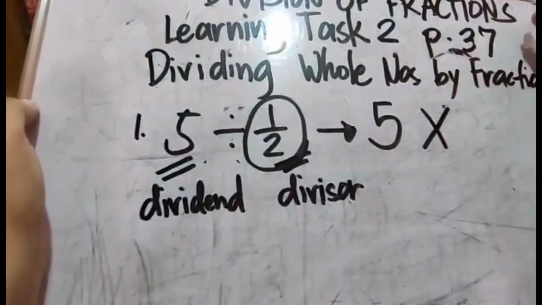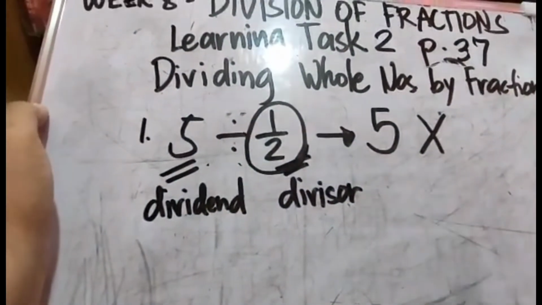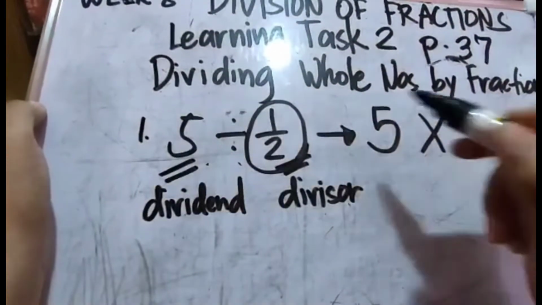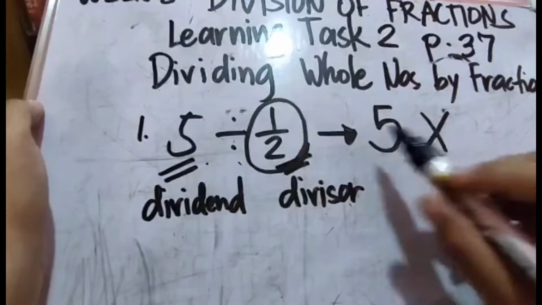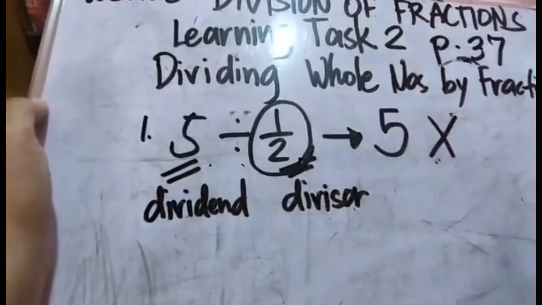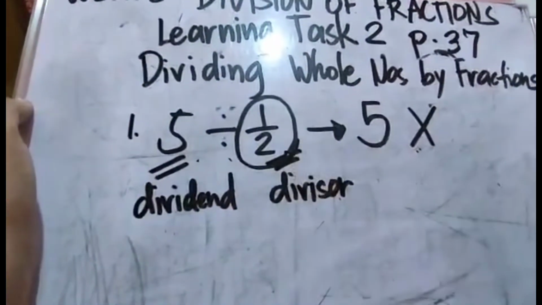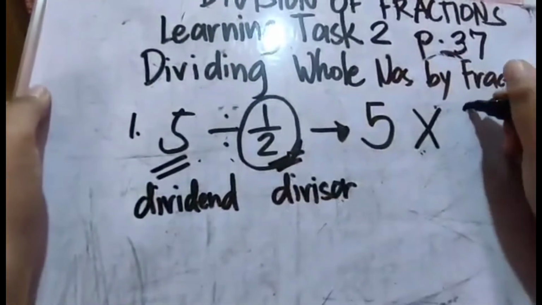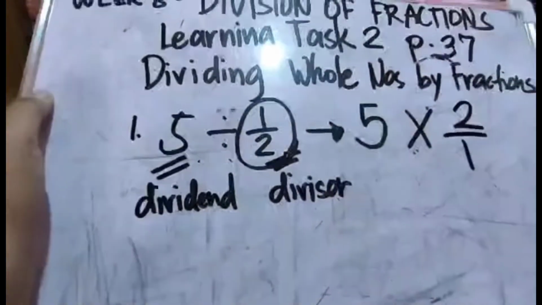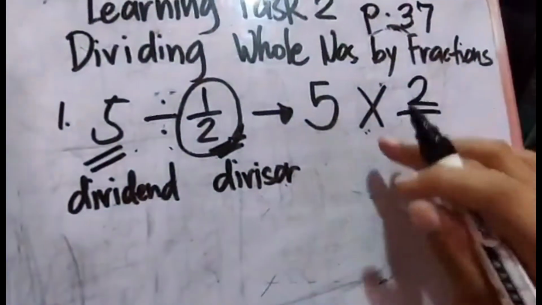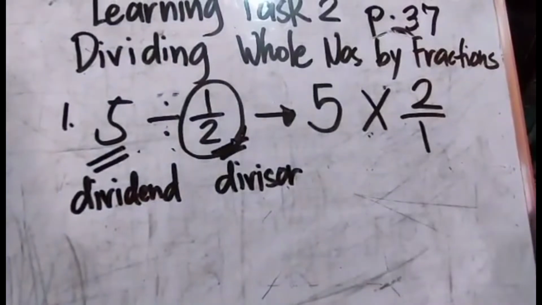So, dito sa division of fractions, gagamit tayo ng multiplication. And pag nalagay mo na yung multiplication na yan, ire-reciprocal mo na itong divisor. 1/2 ang kabaliktaran yan ay 2/1. Pwede nyo na isulat as 2 kasi 1 naman ang denominator.